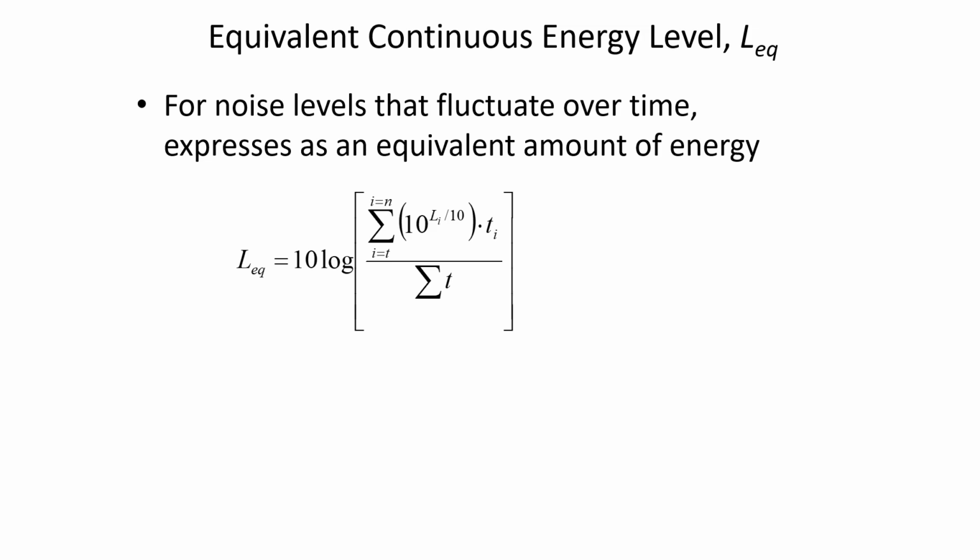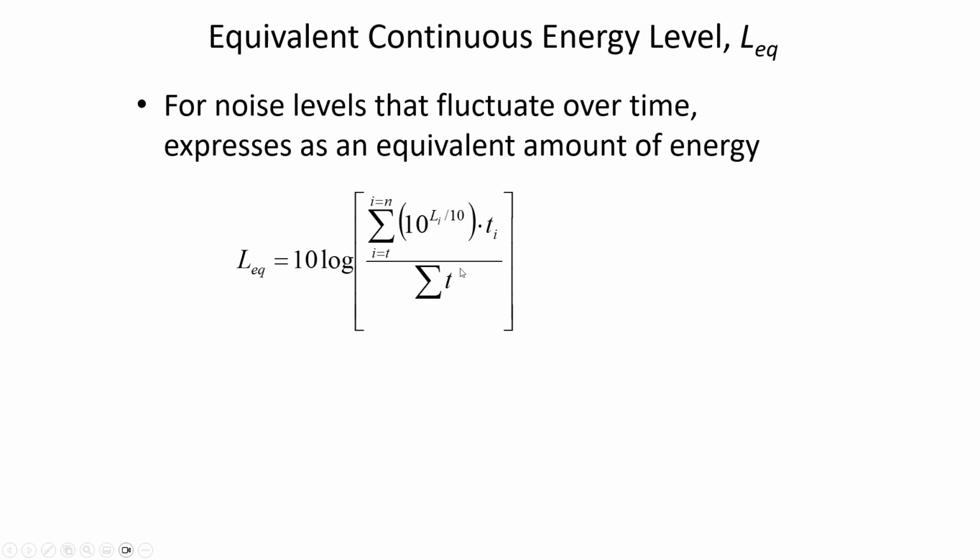And so here you can see the averaging formula. What you do is you take the individual sound levels, divide them by 10, take 10 to the power of that number, multiply by the increment of time, and then divide by the sum of the times.